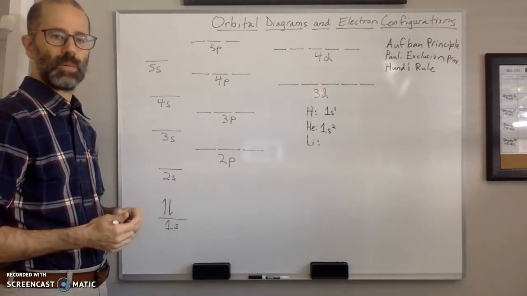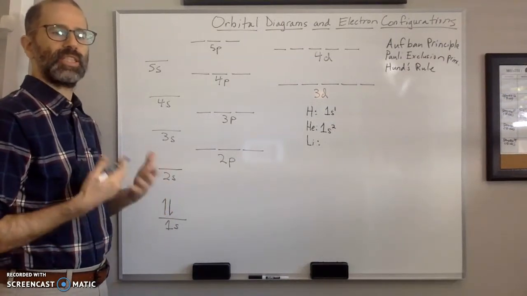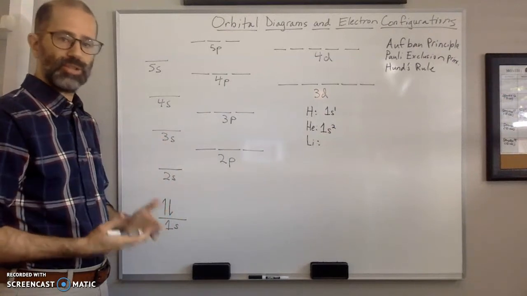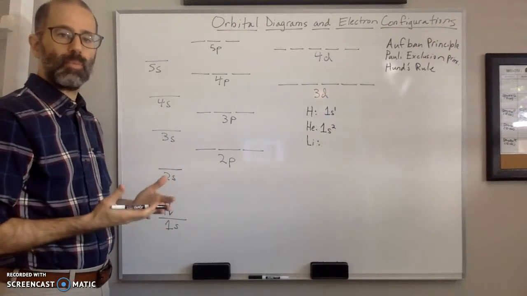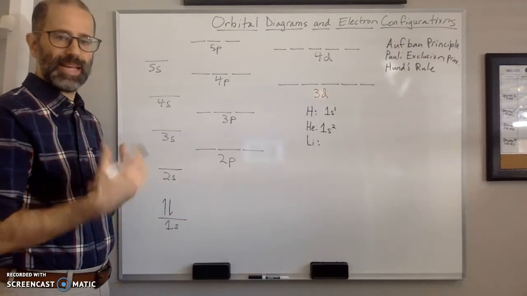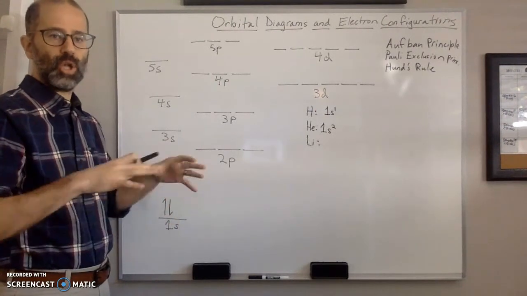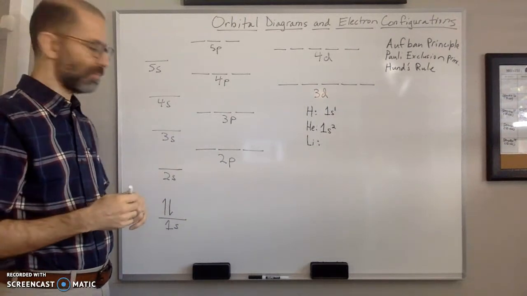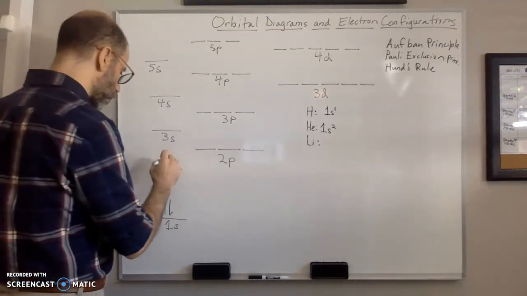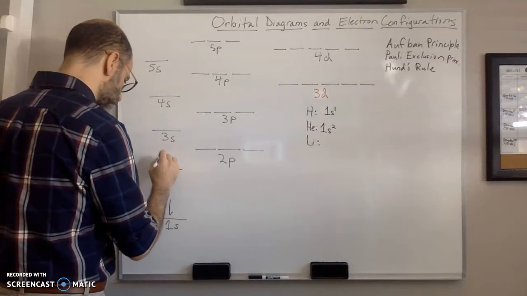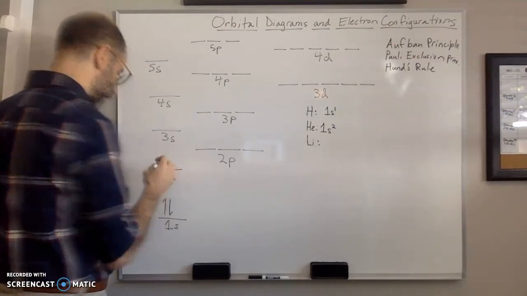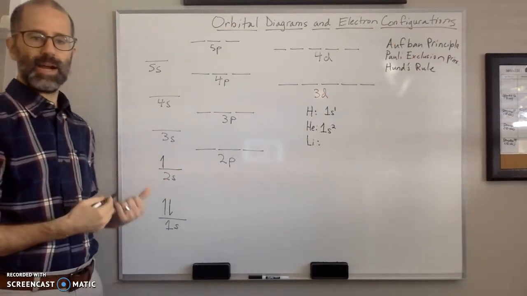That's where electrons want to be, because lower energy is less potential energy, more stability. Everything in nature wants to go to lower energy, higher stability. So I put my third electron there.